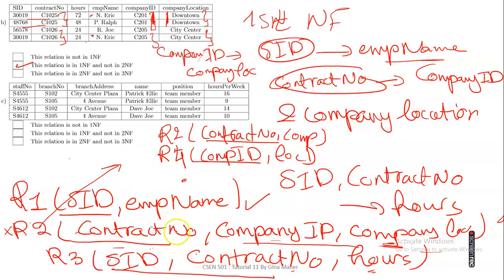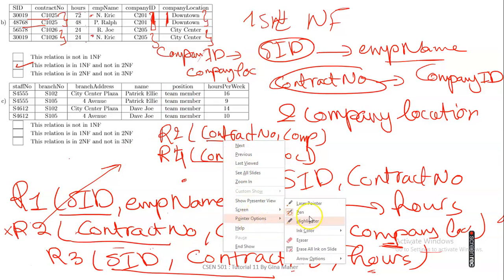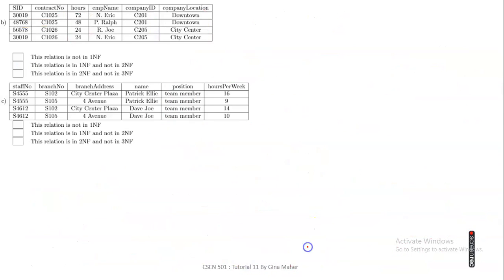Let's take the last example. In this table, let's first deduce the primary key. When the staff number is repeated, it cannot be a primary key alone. Let's check whenever it's repeated which attributes change.